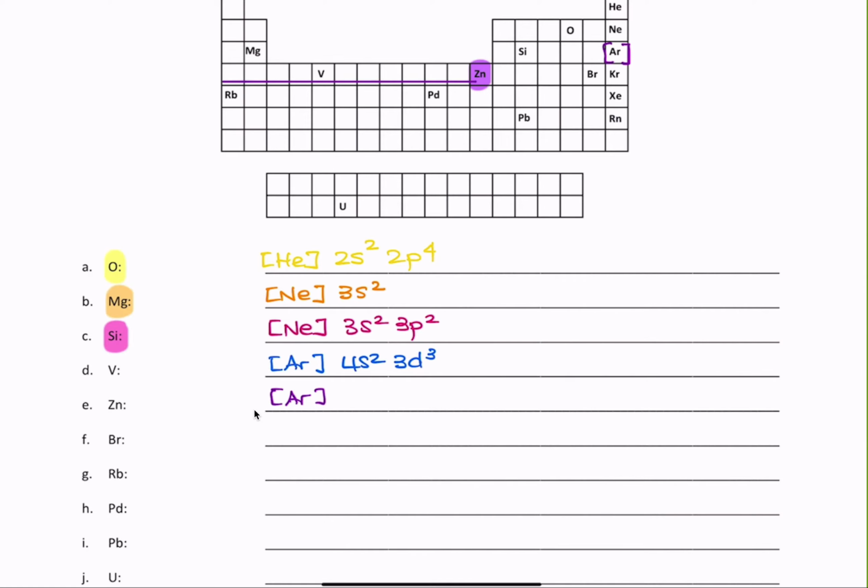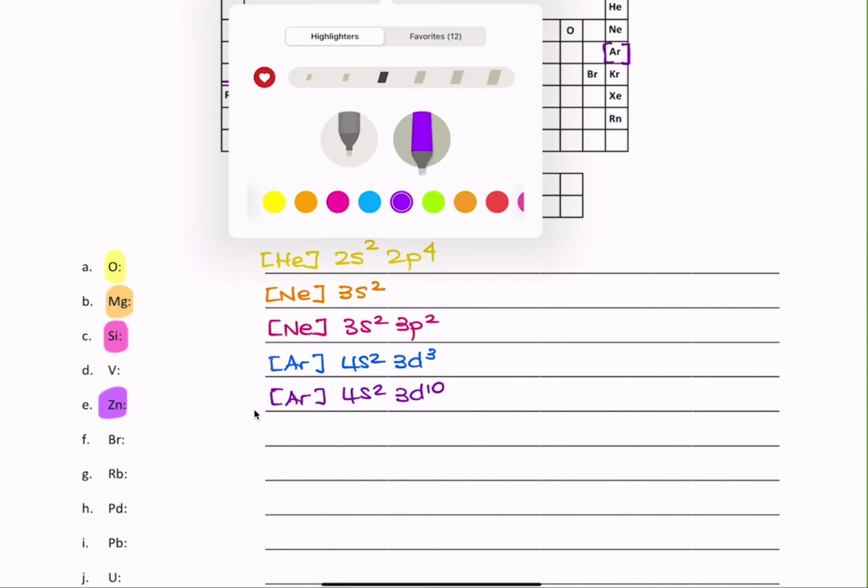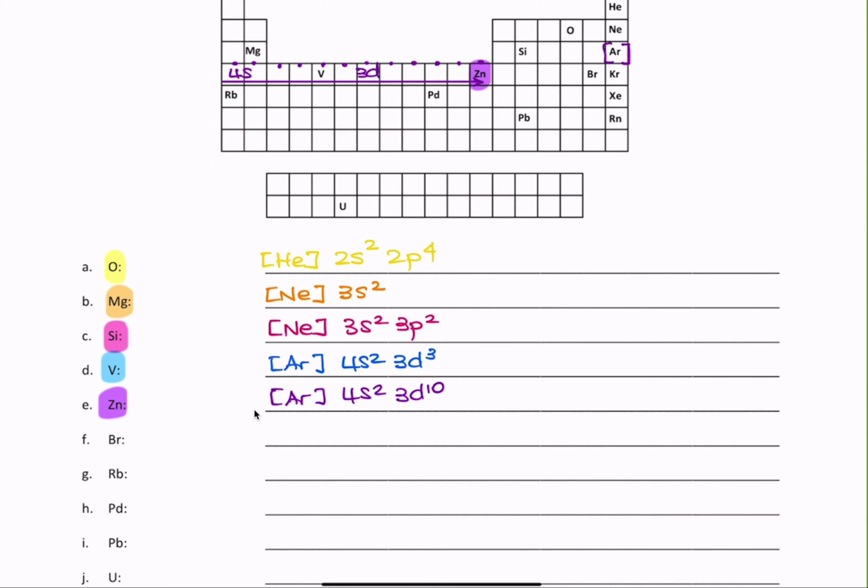So I have to cross everything here, meaning that I'm crossing again the 4s 2 times and the 3d 1, 2, 3, 4, 5, 6, 7, 8, 9, 10. So 4s2, 3d10. And we were doing zinc. We already did vanadium.